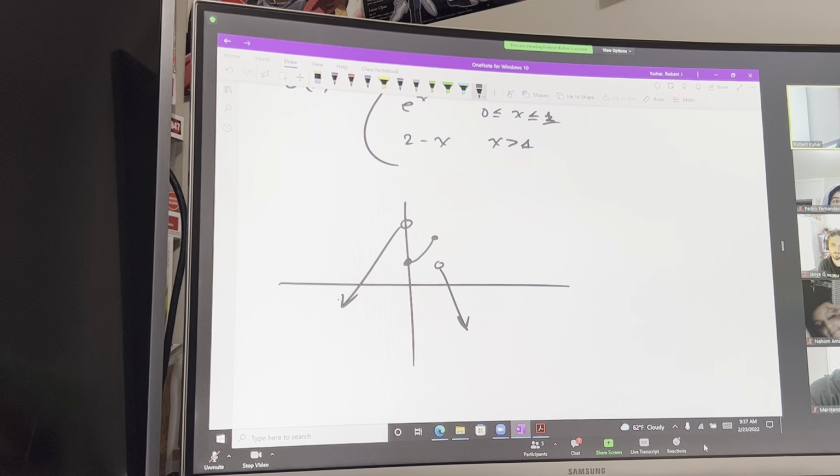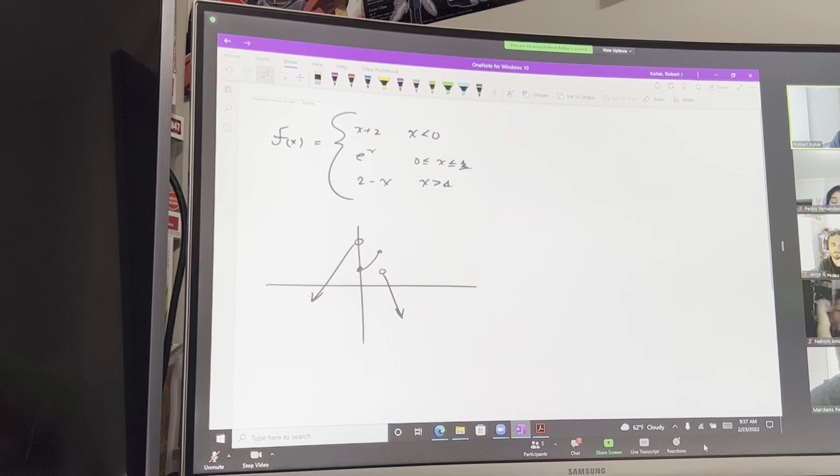So something like that, right? So obviously it's not continuous. But at x equals 0, we get f of 0 is e to the 0 is 1, right? So step 1, find the value of the function. Step 2, find the limit. The limit as x goes to 0 from the left of x plus 2 is 0 plus 2 is 2, right?